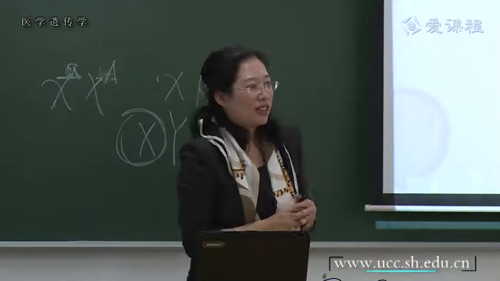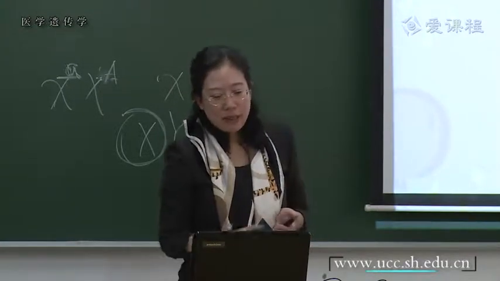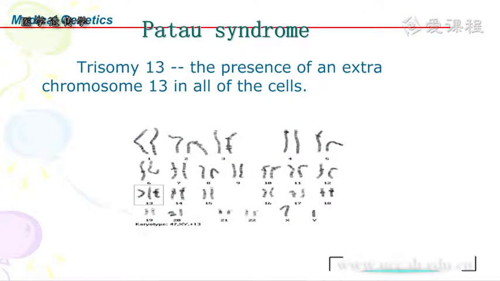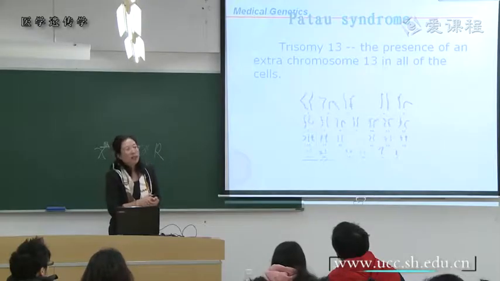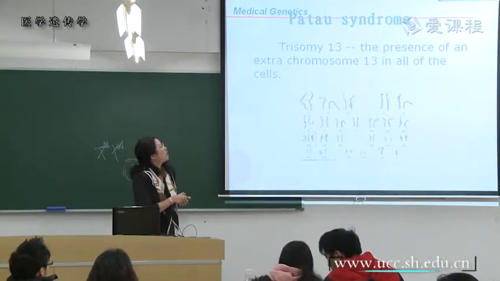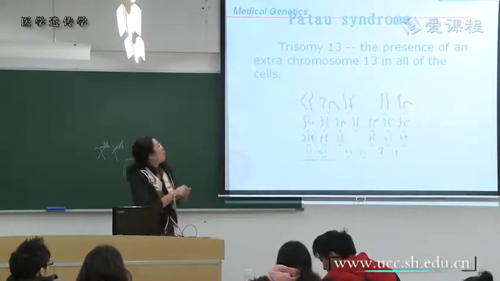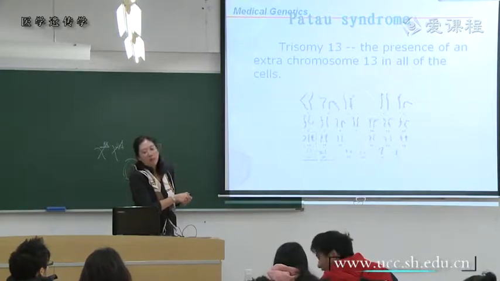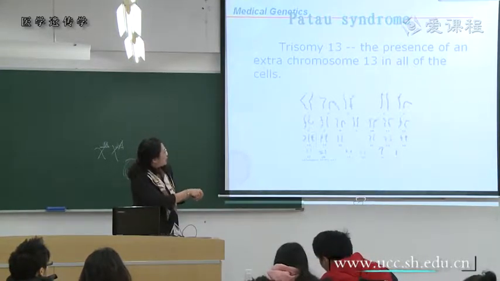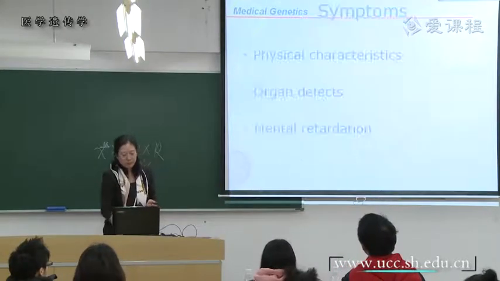Scary. It's a baby. The baby has a disease named Patau syndrome. Patau is also the doctor who first reported the disease. And this disease is because of trisomy 13. That means in his cell, there is one more 13th chromosome. Look like this: 1, 2, 3, 13 chromosomes.